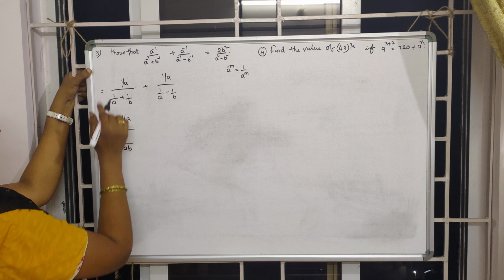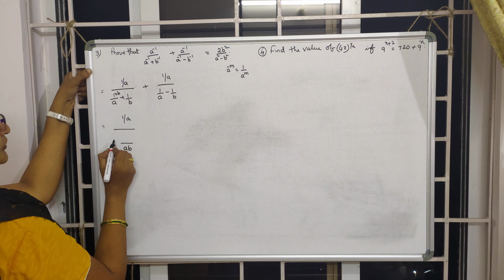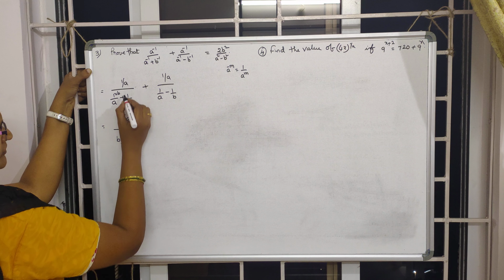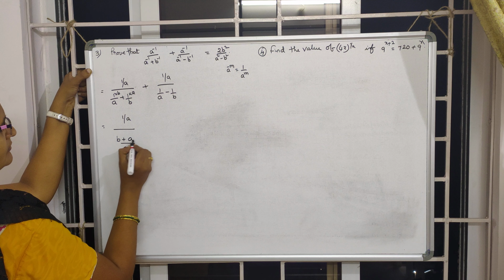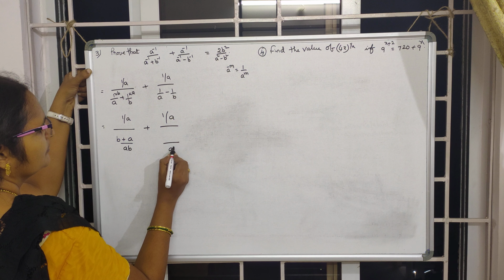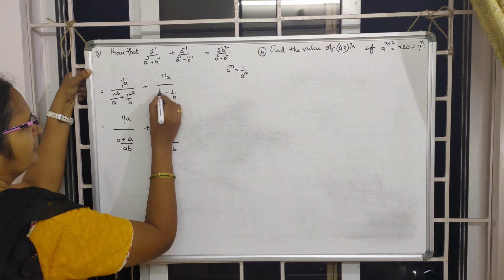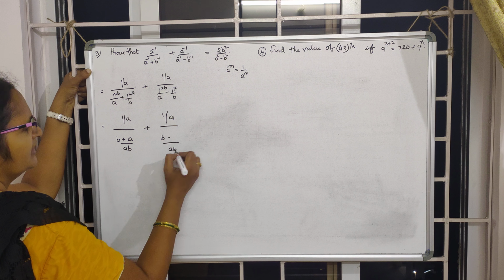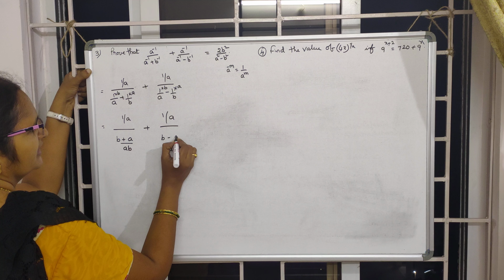A in ab, b times, 1 into b gives you b, plus b in ab will give you a times, 1 into a. Plus 1 by a by, here also LCM will be ab. A in ab, b times, 1 into b, minus b in ab, a times, a.